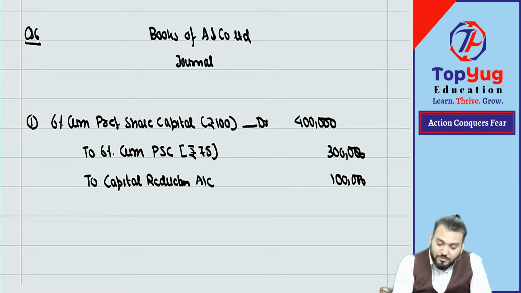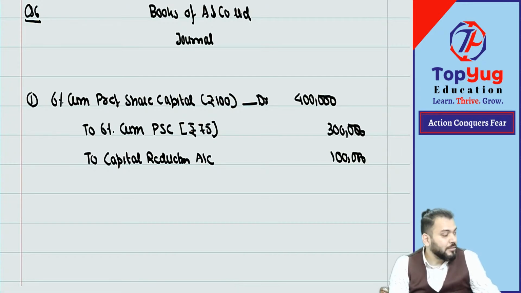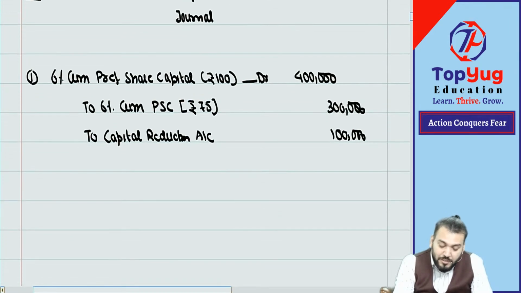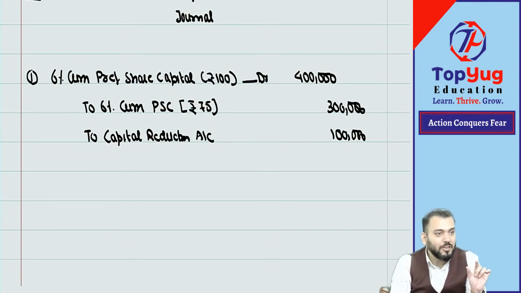So when I was a student, what I used to do, that we need to understand. Correct? Suppose I am not understanding the concept, but I have understood the journal entries.